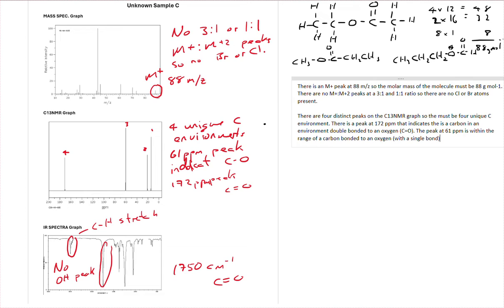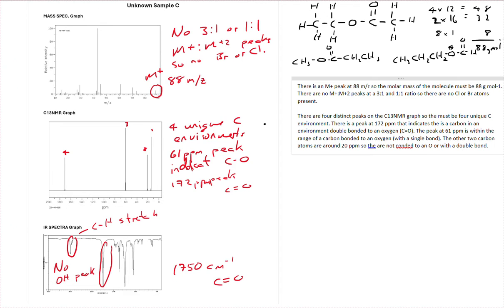We could also say the other 2 carbon atoms are around 20 ppm, so they are not bonded to an O or with a double bond.